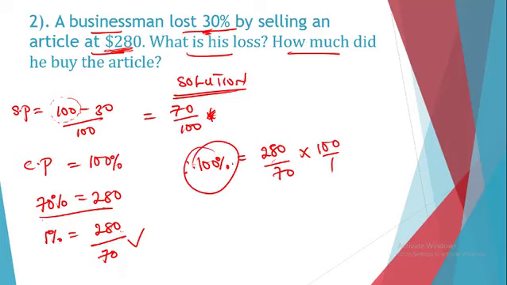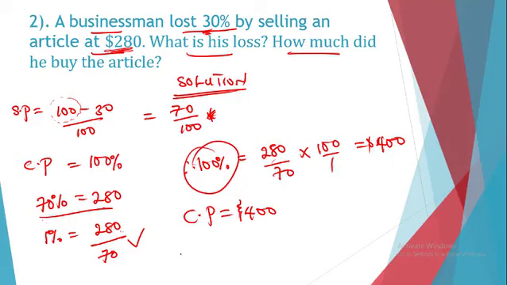Okay, so if we multiply this, we then get the 100% of what we are looking for, and 280 divided by 70 times 100 over 1 will give us 400 US dollars. So the cost price, which is our CP, is 400 US dollars.